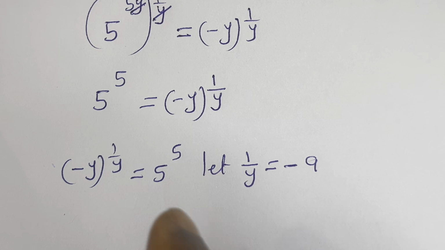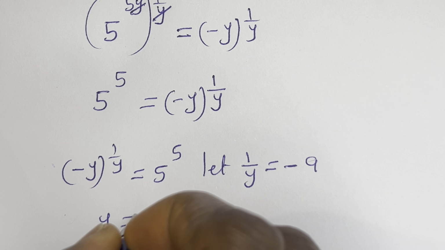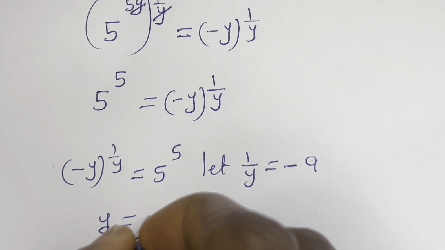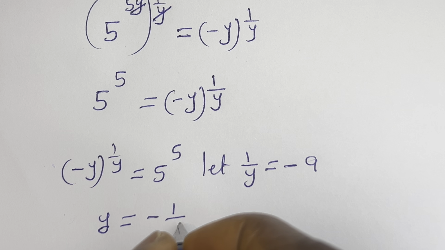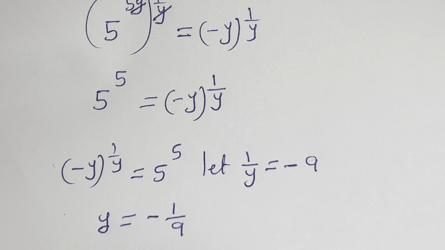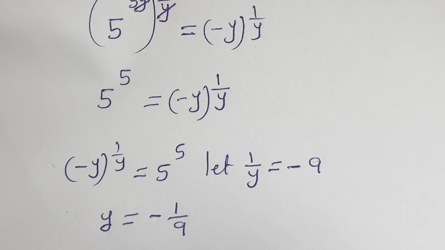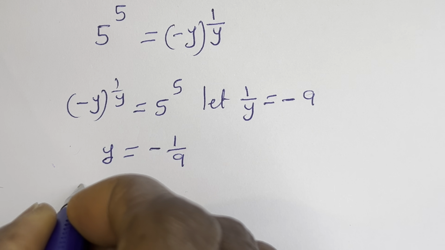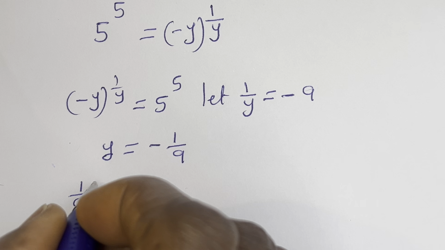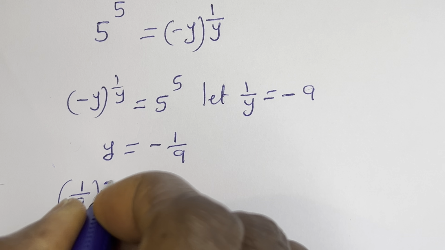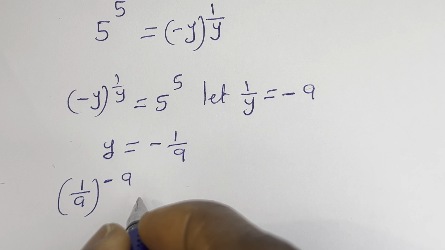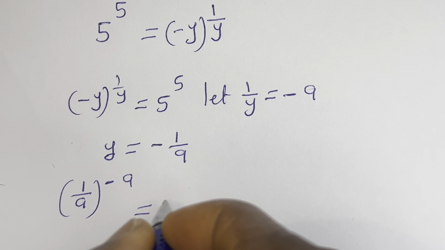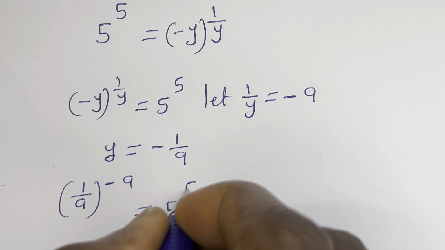Then, y will be equal to minus 1 over a. Therefore, the whole of this is 1 over a to the power of minus a. This is equal to 5 to the power of 5.